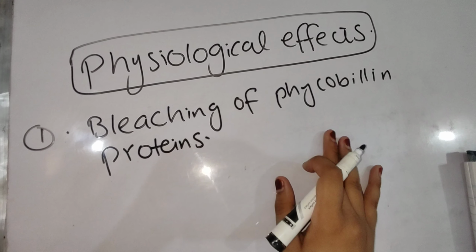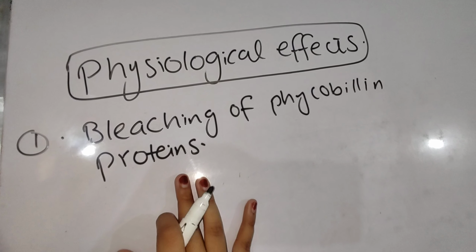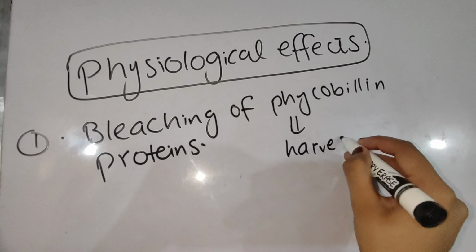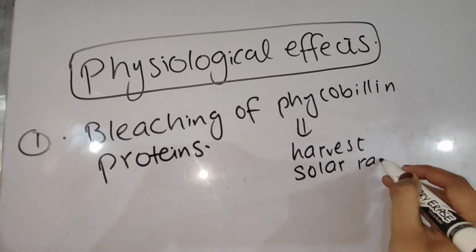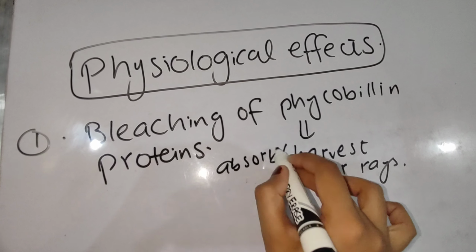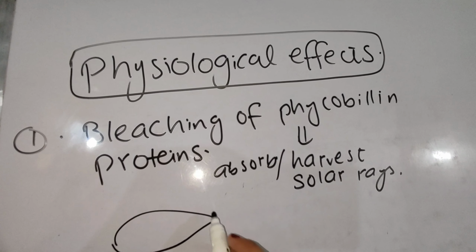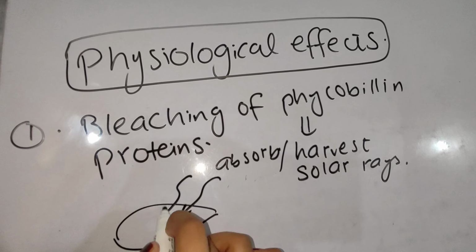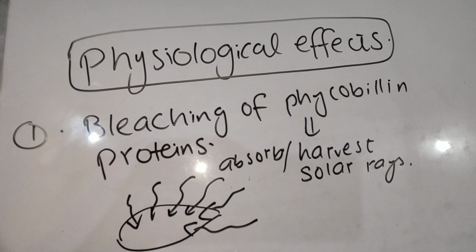Okay, so the first physiological effect is bleaching of phycobilin protein. Now, what is phycobilin protein? Phycobilin protein harvests solar rays, absorbs solar rays and uses them. So when there is very high radiation, this phycobilin protein absorbs all the rays, and that is a damaging effect.